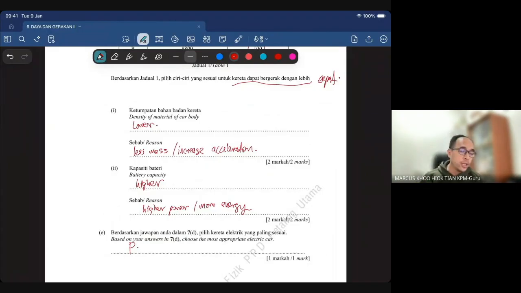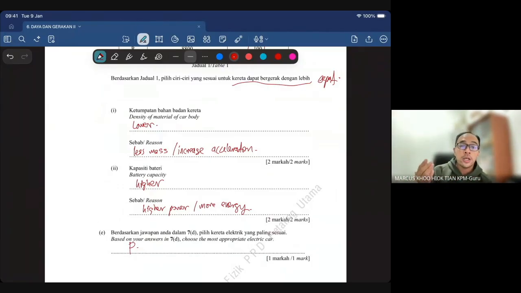So you kind of see the pattern over here. If the question is talking about moving faster, I don't know what the full question is because even in my digital version it shows this, so I just assume that the car can move faster.